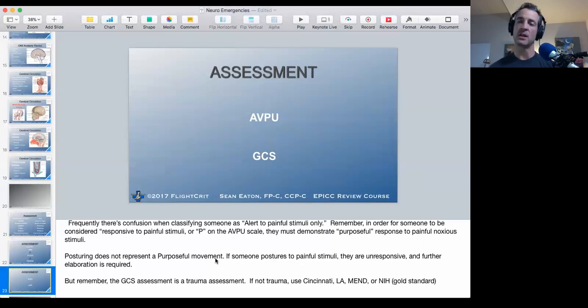I'd be interested in finding any kind of research that specifically looks at the efficacy of using the Glasgow Coma Scale for the assessment of a medical patient. If you are assessing a neuro patient, in reality, if it's not a trauma, then you should be using something like the Cincinnati Prehospital Scale or the NIH scale or the MEND.